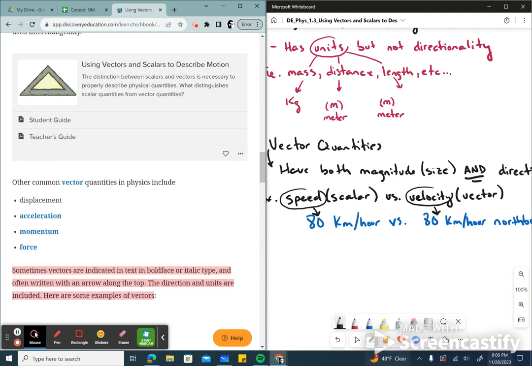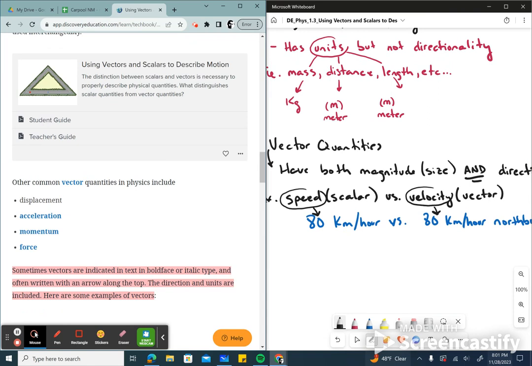There's that directionality. Not only talking about a distance, but you also describe the direction. Accelerating. I was accelerating 20 meters per second squared, straight up, vertically, right? So these are examples of vector quantities, but they have to include the directions.